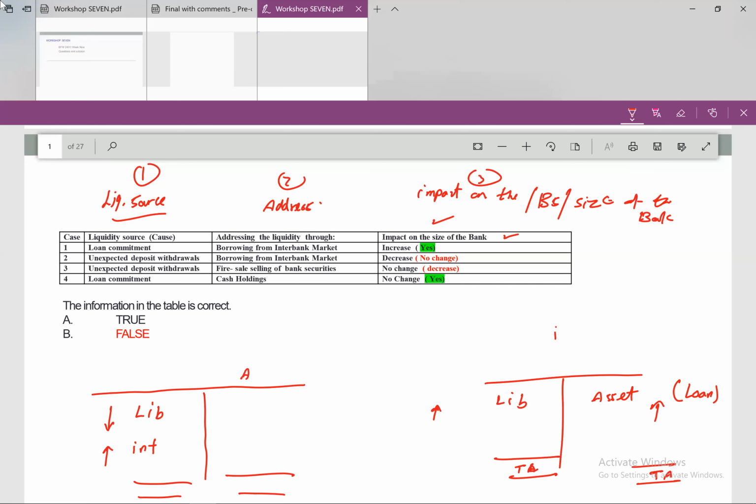The amount is still the same. It was 100, then 100, and you had a withdrawal of 10. So this will be minus 10, but you borrow 10, and end of the day it is still 100.